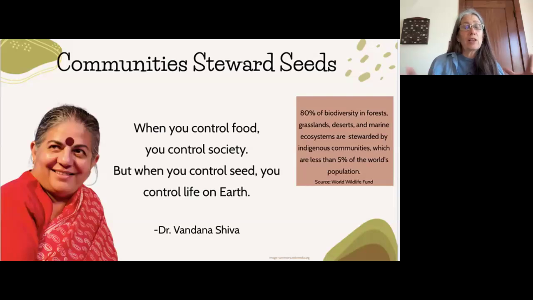It's kind of like the Nobel Prize for people doing just and sustainable and community-based work. So she won that award in 1993. And I love what she says: when you control food, you control society, but when you control seed, you control life on Earth.